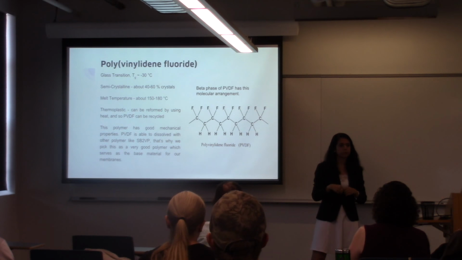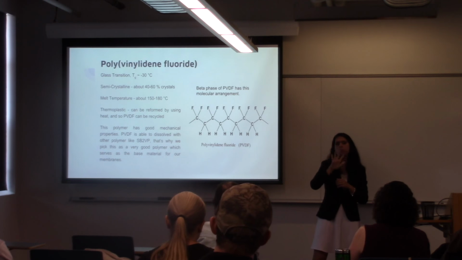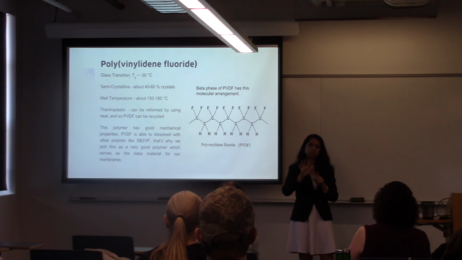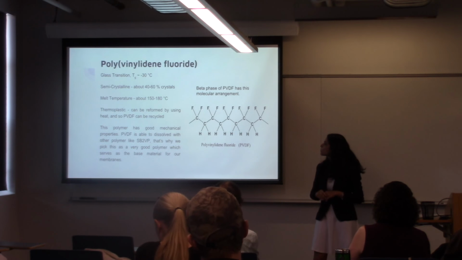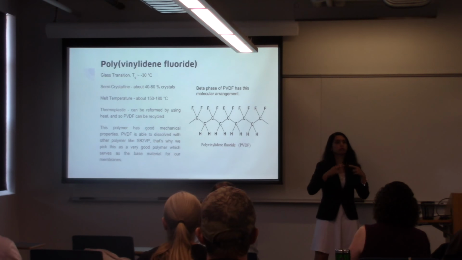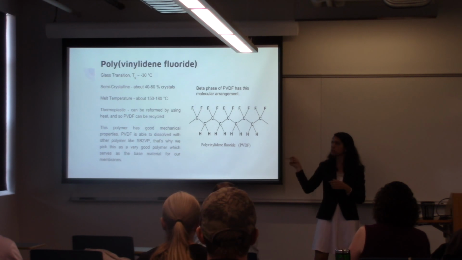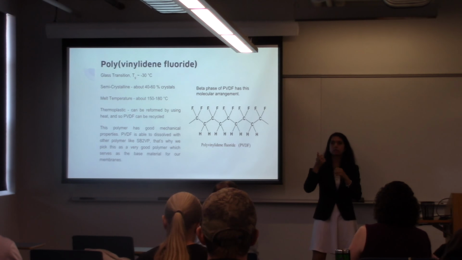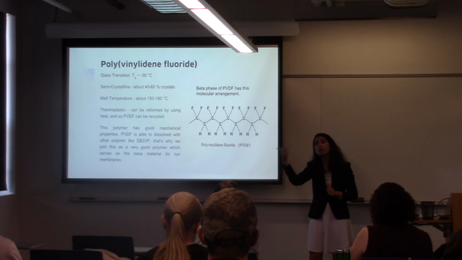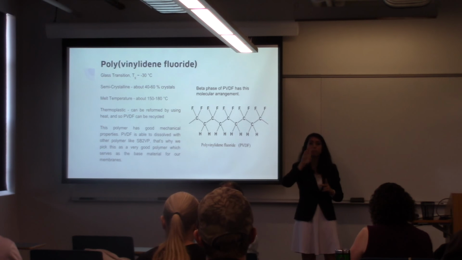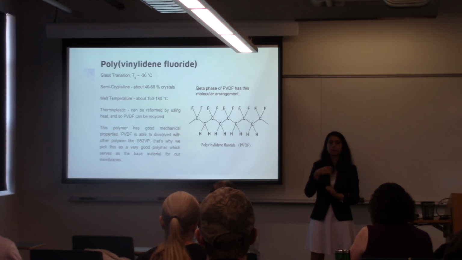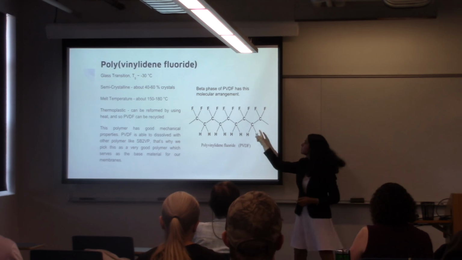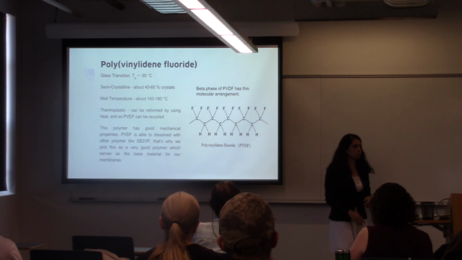Within this material, we have about 40 to 60% crystalline structure. So these characteristics are very positive. It's recyclable, which is also very good. And it mixes well with our copolymer, which is sp2VP, which I'll explain as we go forward. And you can see the chemical structure here.